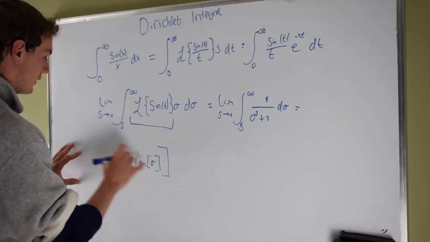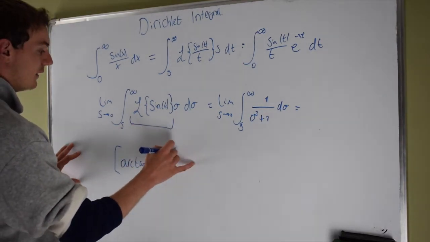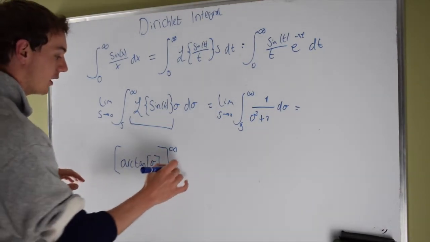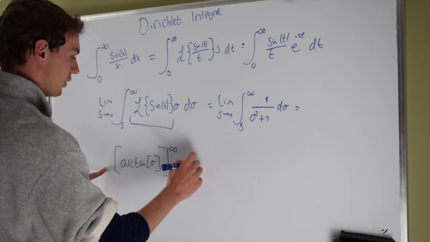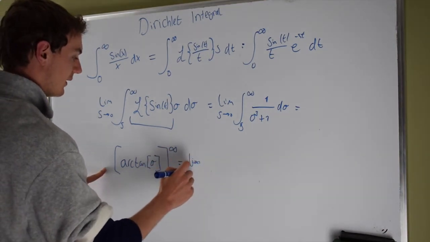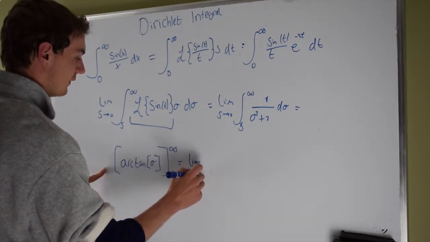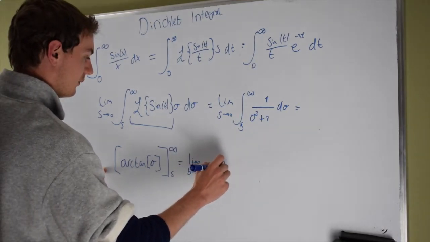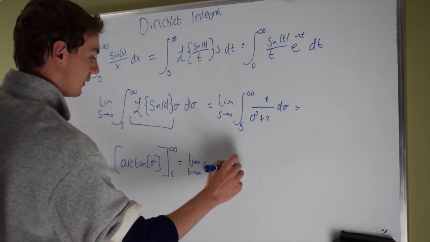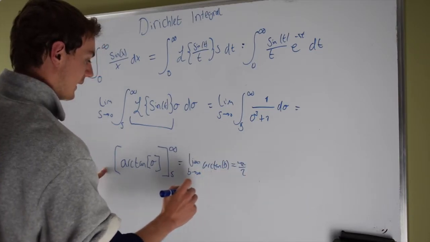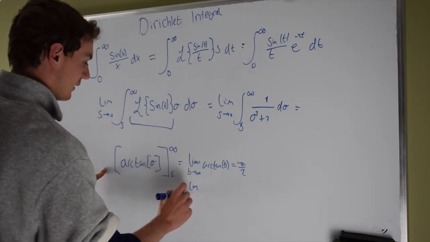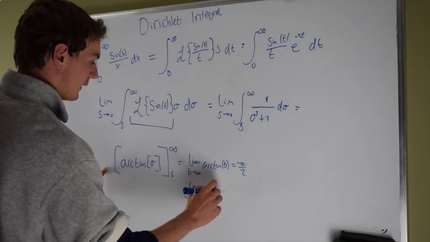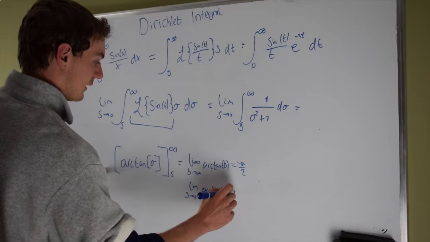However, this is between the limits of theta, infinity and s. So we're not going to plug in infinity; if we take the limit from, let's say, b to infinity, we get that arctan of b is pi over 2, and if we take the limit as s tends to 0 of arctan, we get that equals 0.